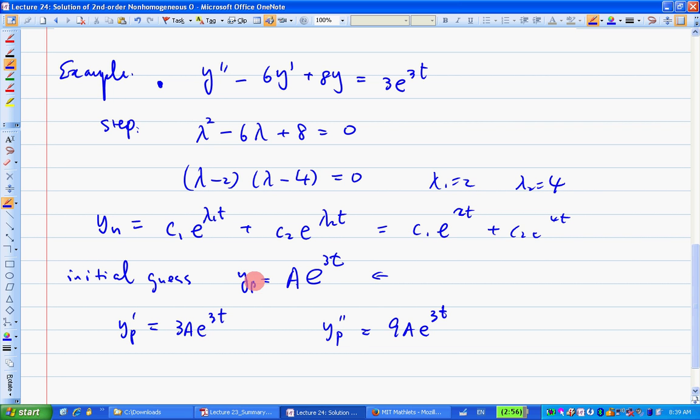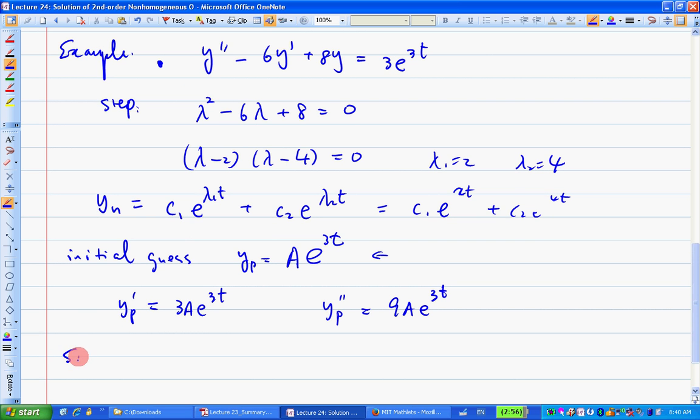Then we substitute YP prime and YP double prime back into this differential equation and try to solve for A.